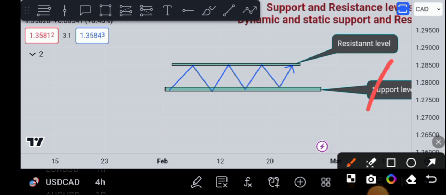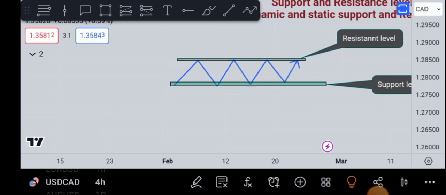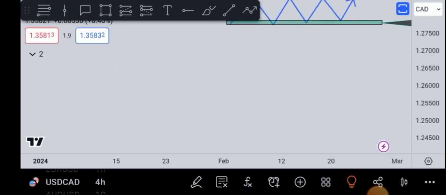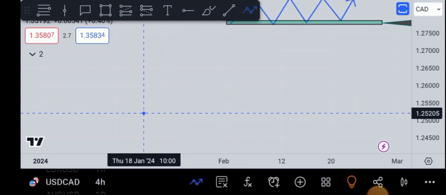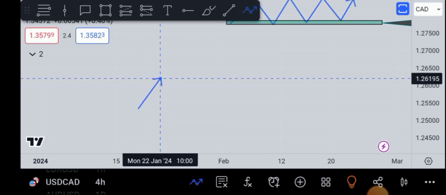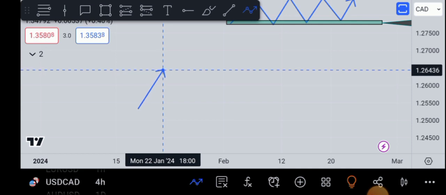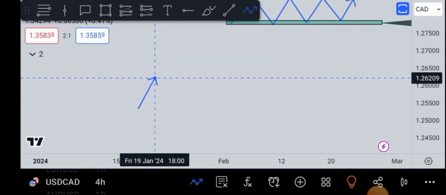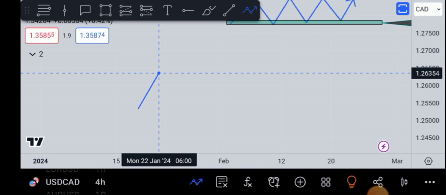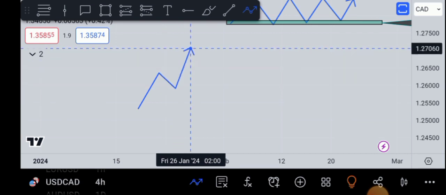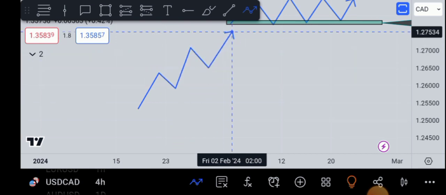Now, coming to the dynamic trend line. For example, let's say price is moving high. We call this a bullish pattern, or a long position. There are times that price moves like this: up, down, up, then down, up.